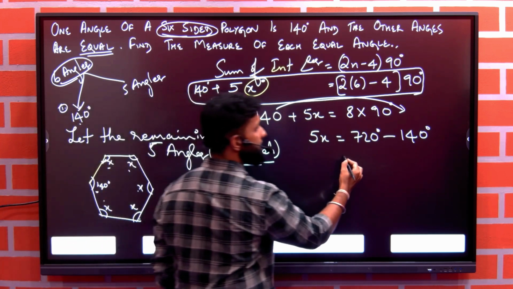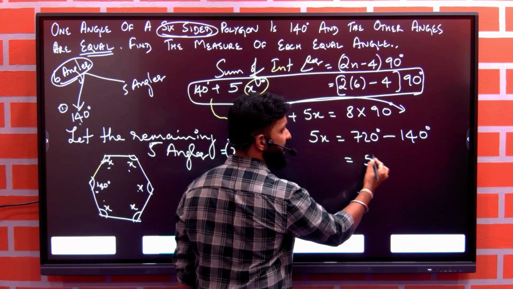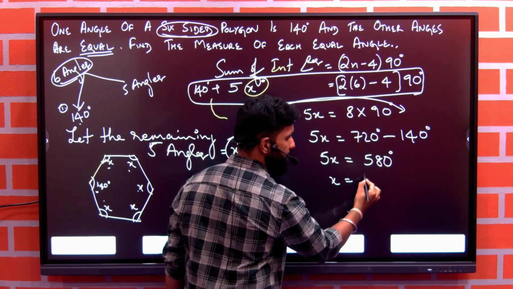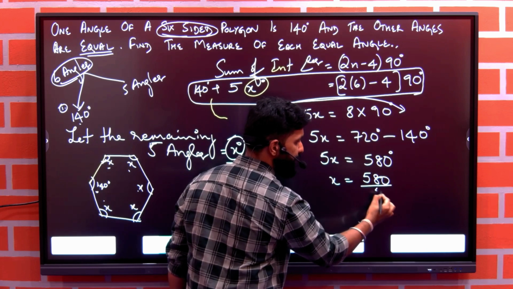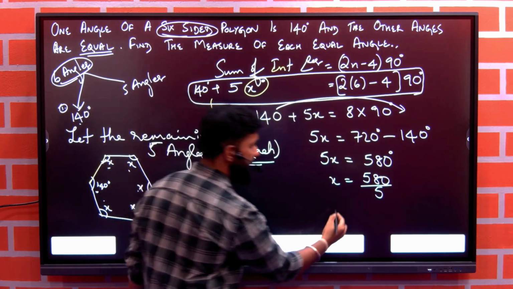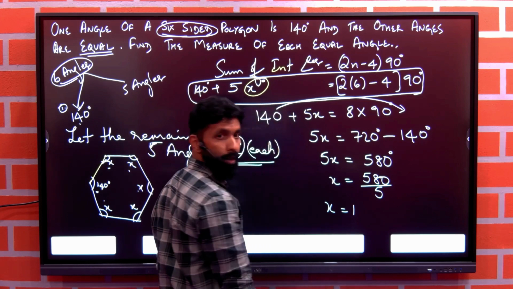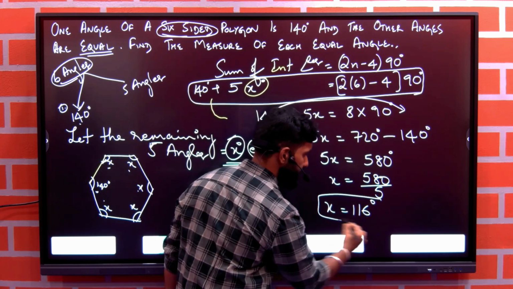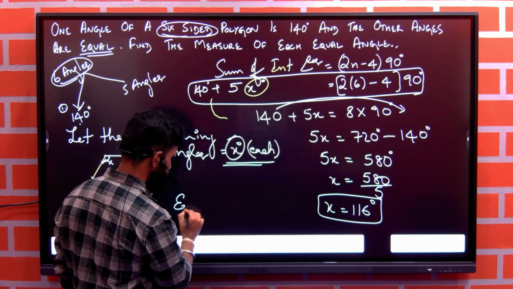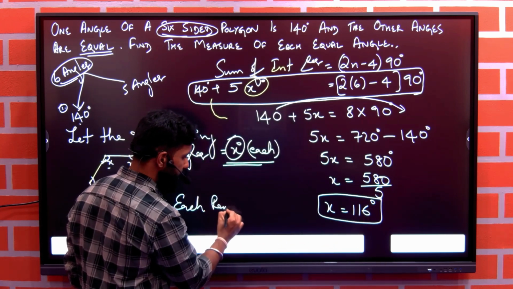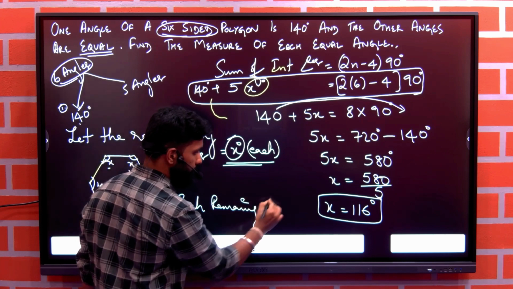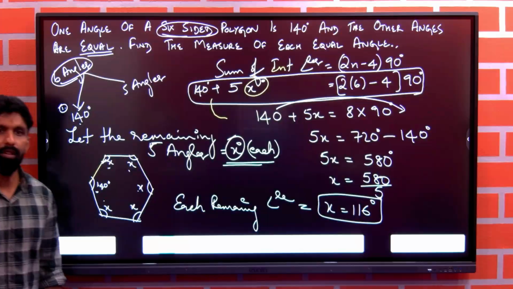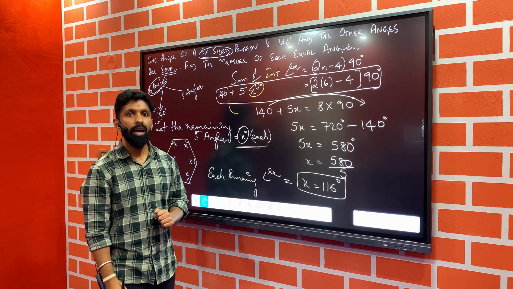This results in 580, and our x becomes 580 divided by 5, and that is going to be 116 degrees. So each remaining angle is equal to x, which is equal to 116 degrees. As simple as that. I hope you understood.